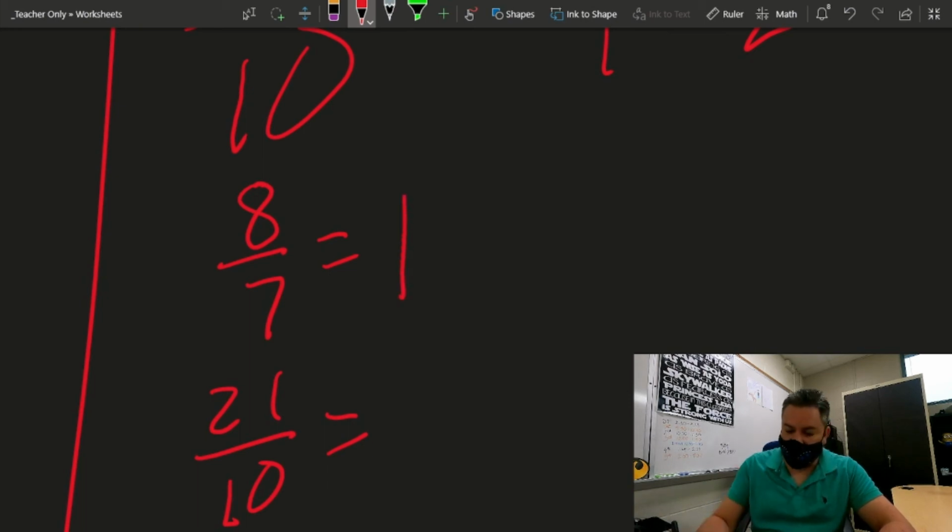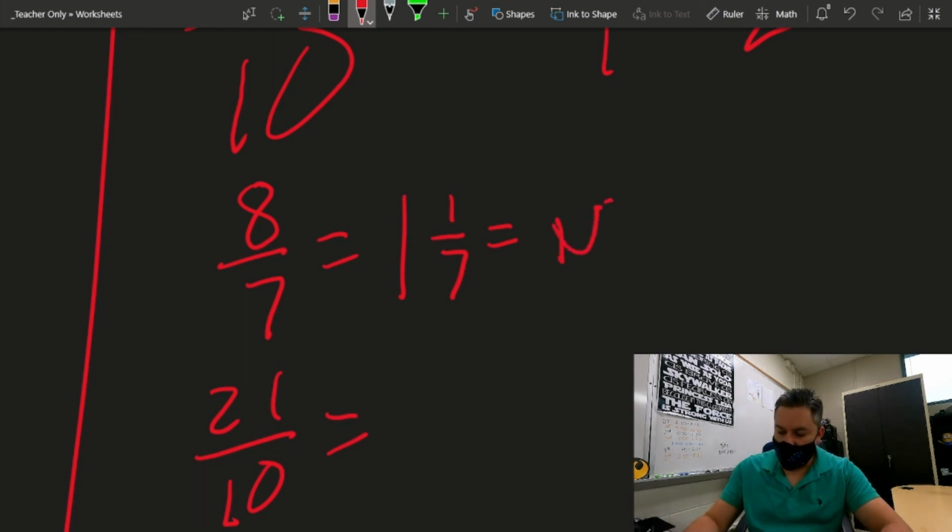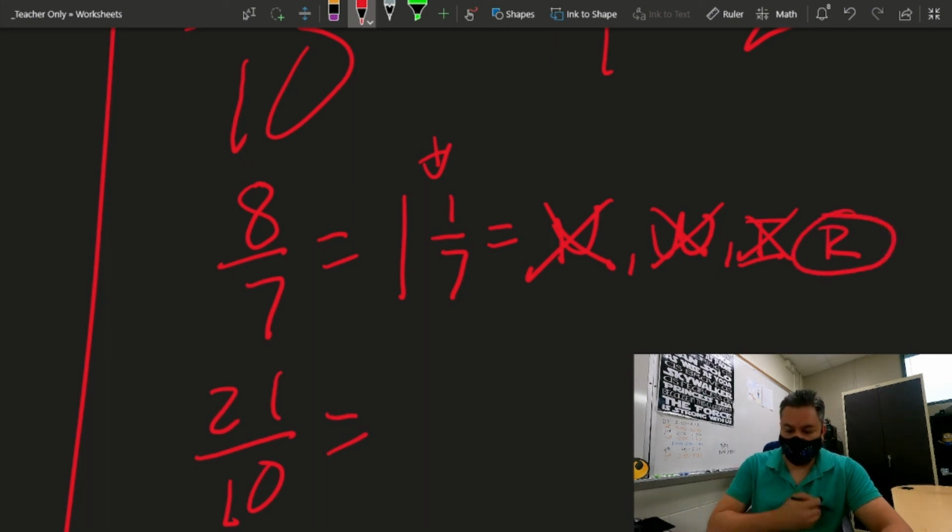And the remainder is going to be 1, and the denominator is 7, so 1 and 1/7. Is it a natural number? No. Is it a whole number? No. Is it an integer? An integer doesn't have any fractions, and I have fractions right here. No. So it's only going to be rational.